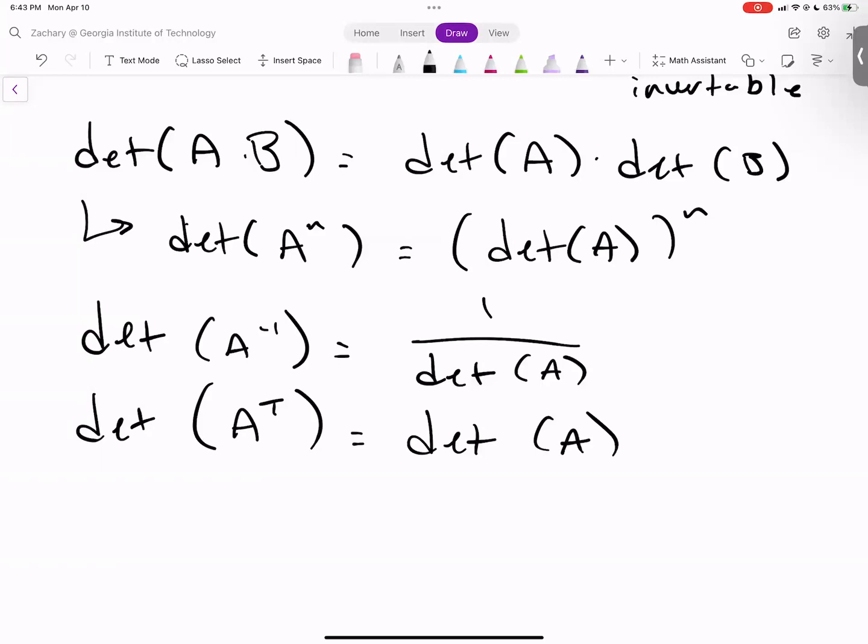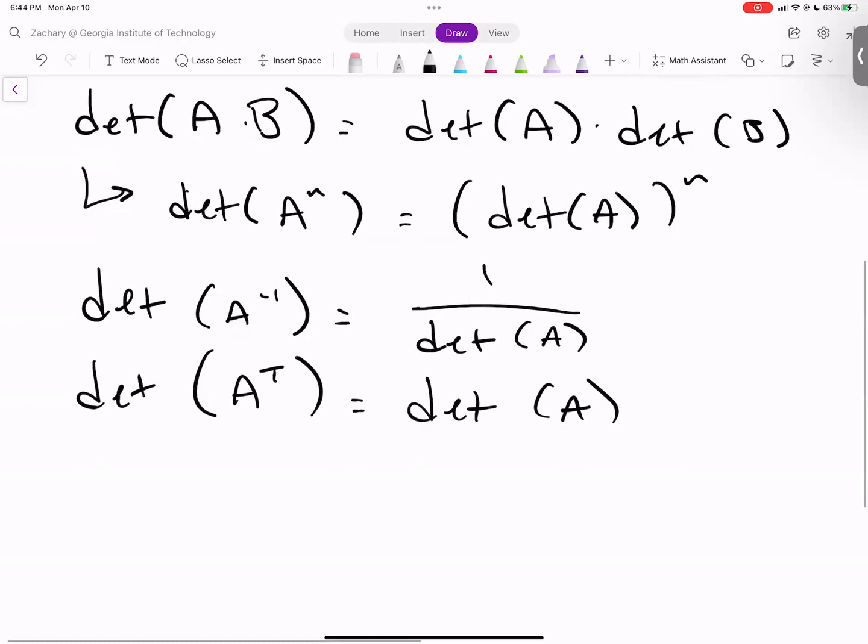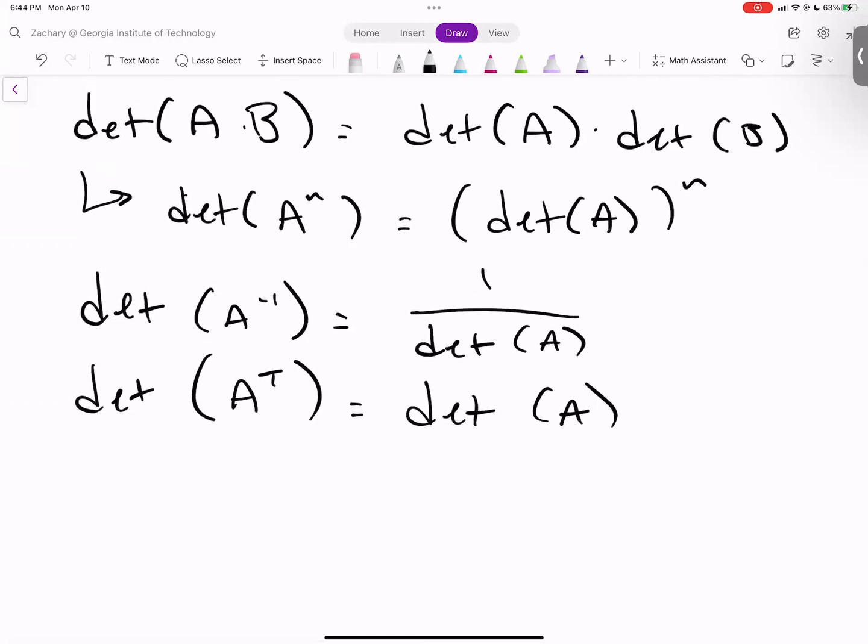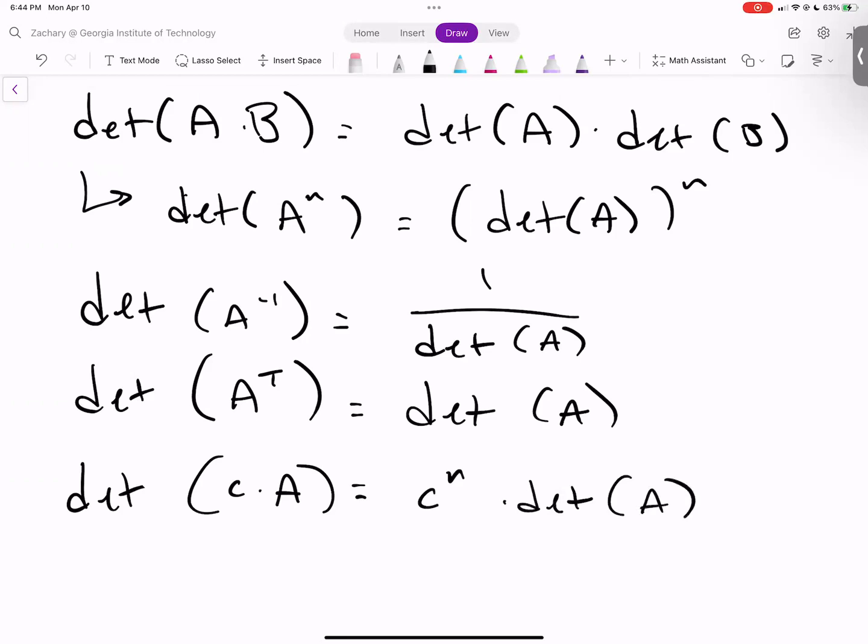Usually it'll just say A^T. What am I missing? There's definitely more. The determinant of some number C times A is equal to C to the n times the determinant of A, where A is n by n.